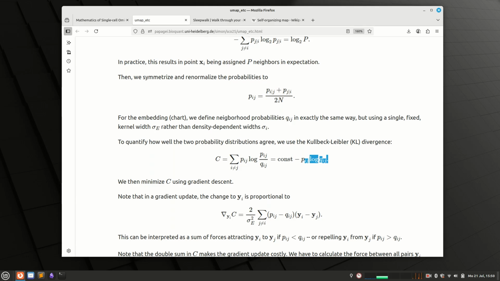I also wondered about this when I tried to write it up yesterday. And the way is, this is simply how the math comes out. If you start from their story of this being the probability of neighborhood, for which we want to minimize the Kullback-Leibler divergence between the two probability distributions, then this comes out stringently.